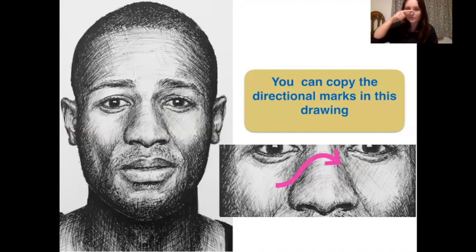At the bridge of the nose, it goes across a bit and then comes down on the other side. That means your picture follows the right shape and looks 3D. It makes it look as though the bridge at the top is further up than this part here, because the line goes upwards to get to the bridge.